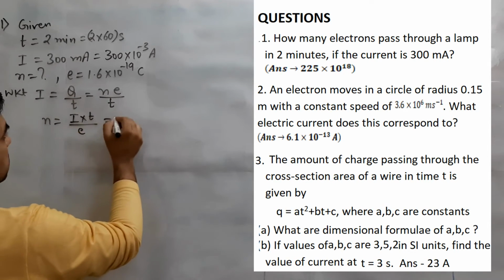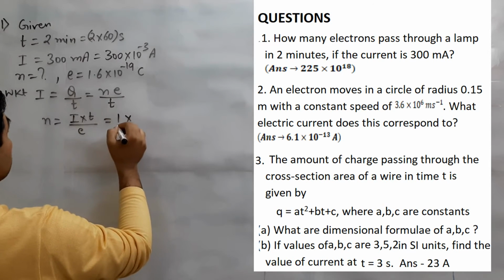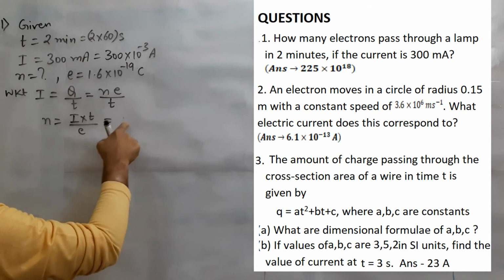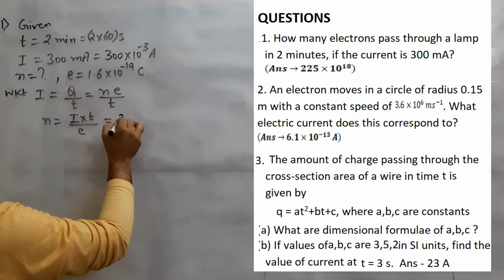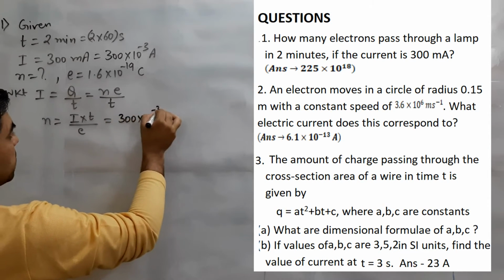From this, cross multiplication will give the value of N, that is I into T divided by E. So here I is 300 milliampere, meaning 300 into 10 to the power minus 3.